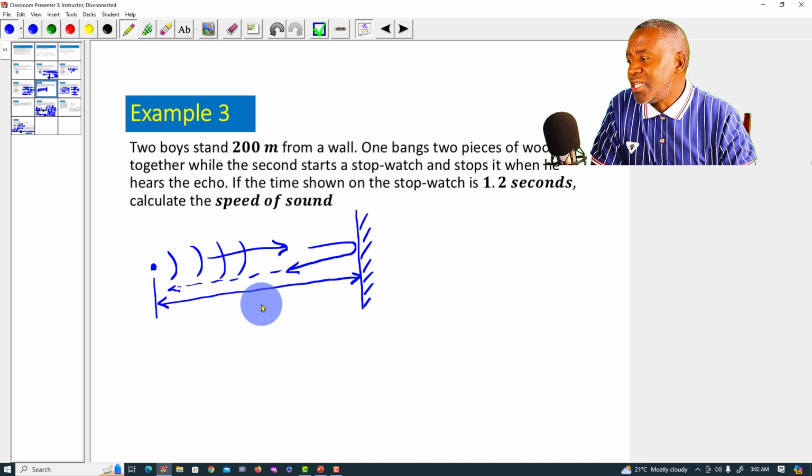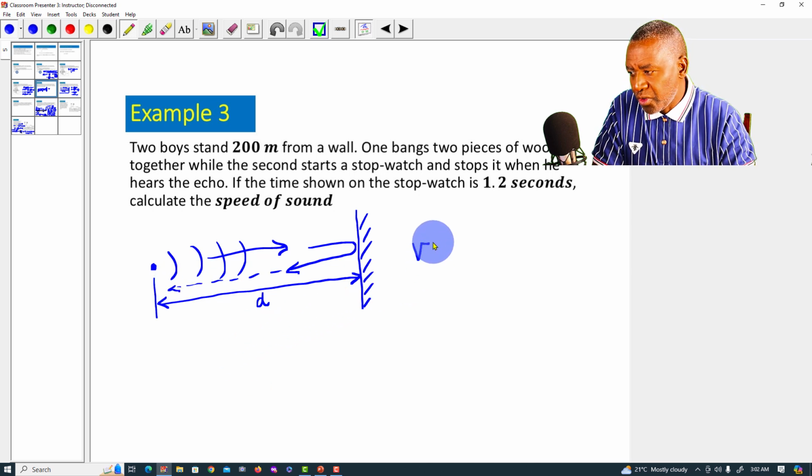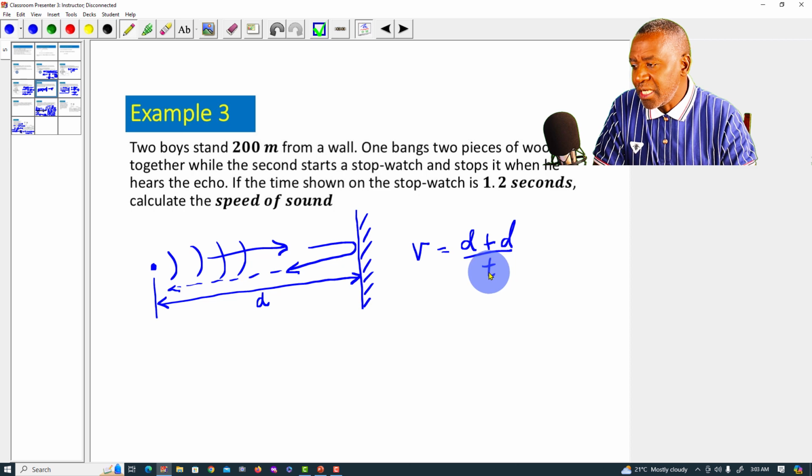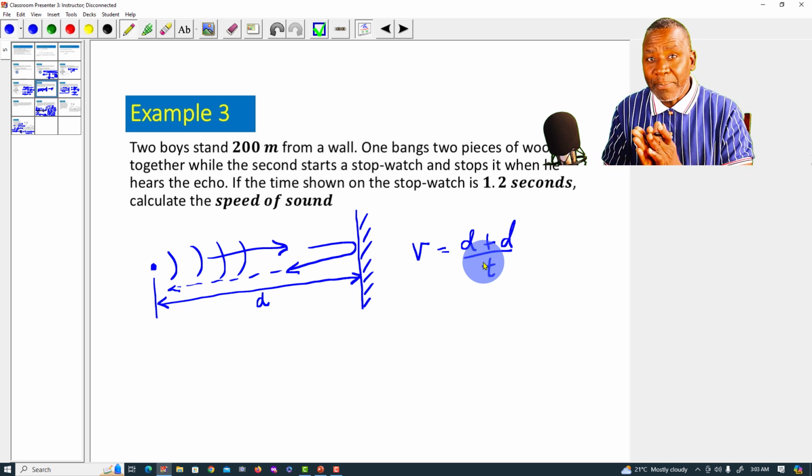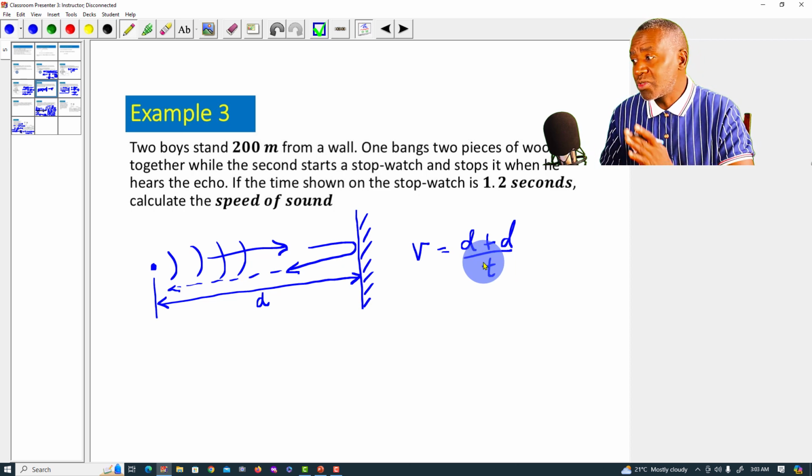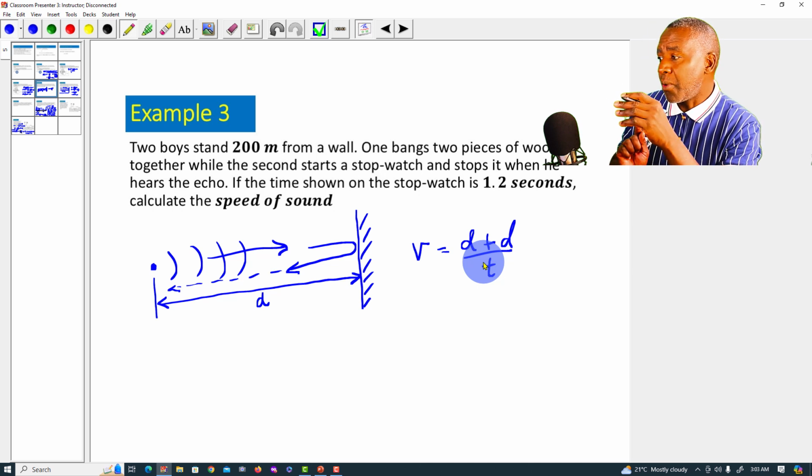However, the distance that the sound has traveled will be d plus another d. So if you are to work out the speed of this wave, you will say that it is d plus d divided by the time it takes between clapping and hearing the echo, because that is what the second boy does.